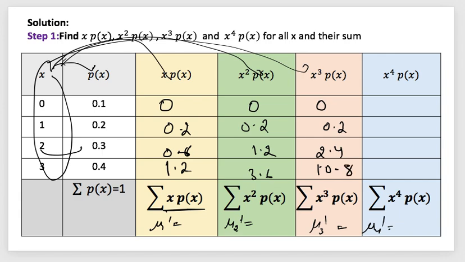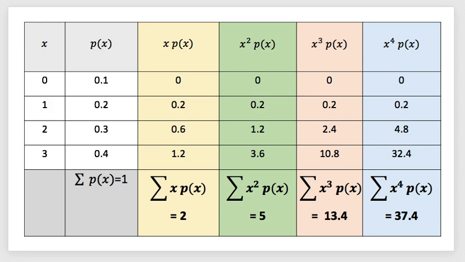So these values are already done, and we can find the fourth one also in this manner by multiplying. When we add, we get the sum of x p x as 2, which is mu1 dash, and this is mu2 dash, mu3 dash and mu4 dash. So we have observed all four raw moments.